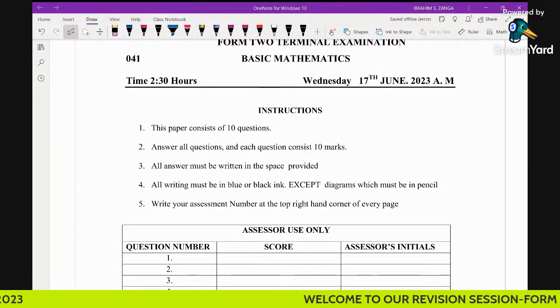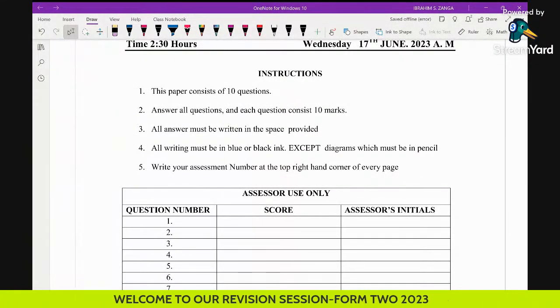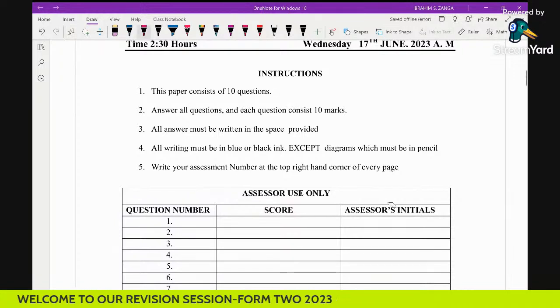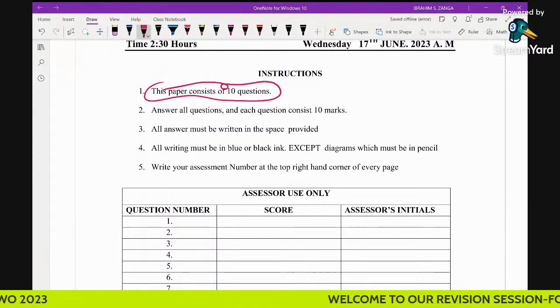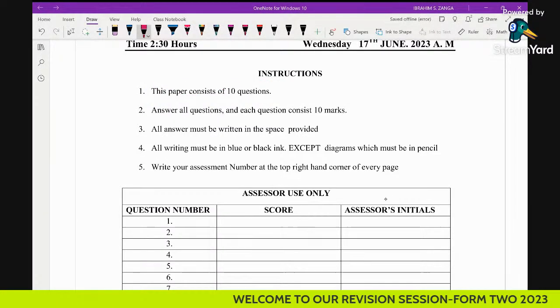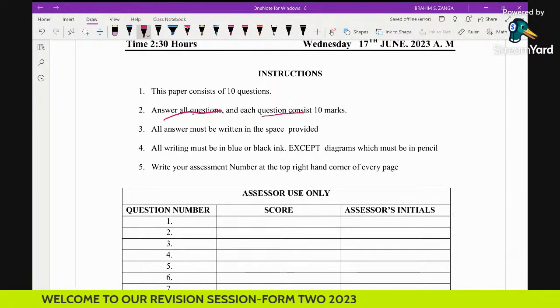This paper consists of 10 questions, and the national exam students are doing also has 10 questions, dear students. Students were supposed to answer all questions, and each question carries 10 marks.